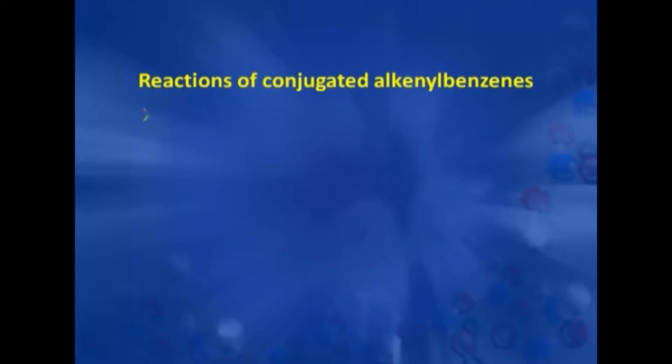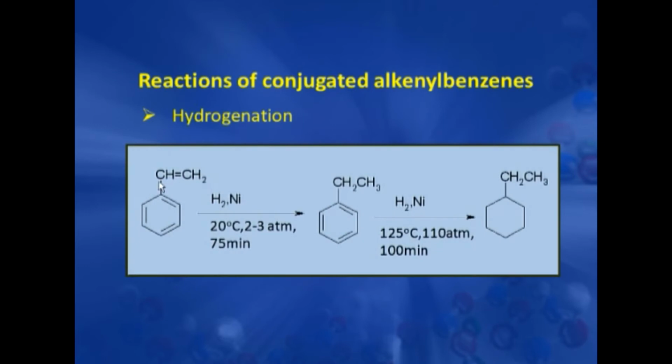For example, in hydrogenation both the side chain and the benzene ring get catalytically reduced or hydrogenated, for example in the presence of hydrogen and nickel, but for side chain hydrogenation we need milder conditions, while for hydrogenation of the benzene ring strong conditions are required.